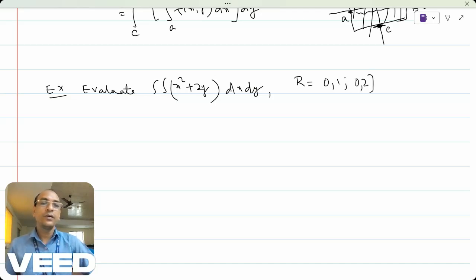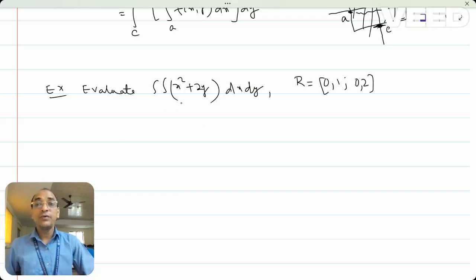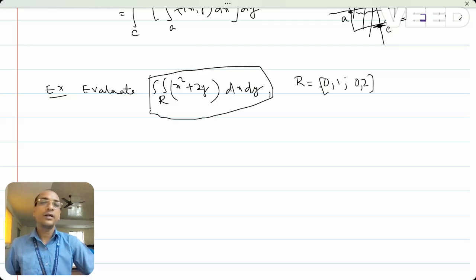So this is your question. We have to evaluate this double integral over the rectangle [0,1; 0,2]. That means it is the rectangle of this type. If this is my x, so I can have it like this.